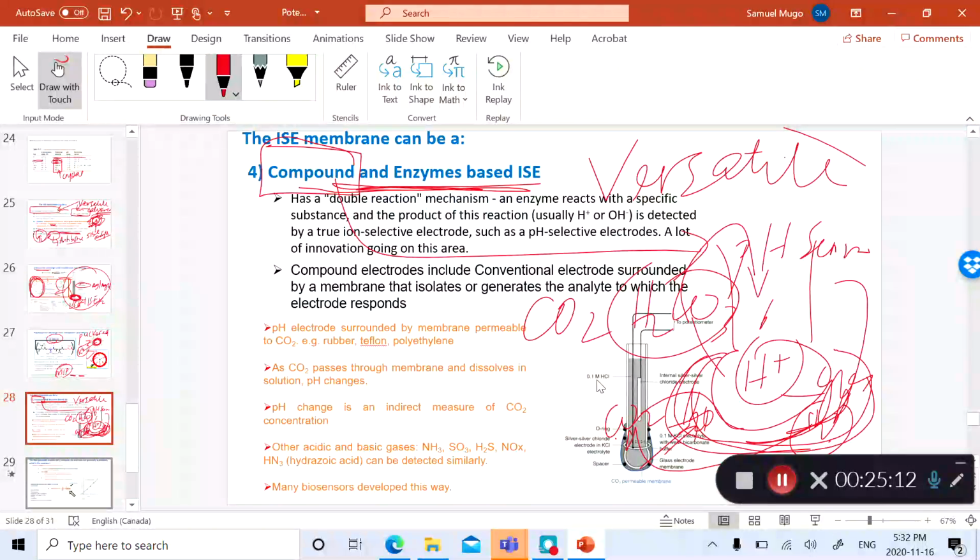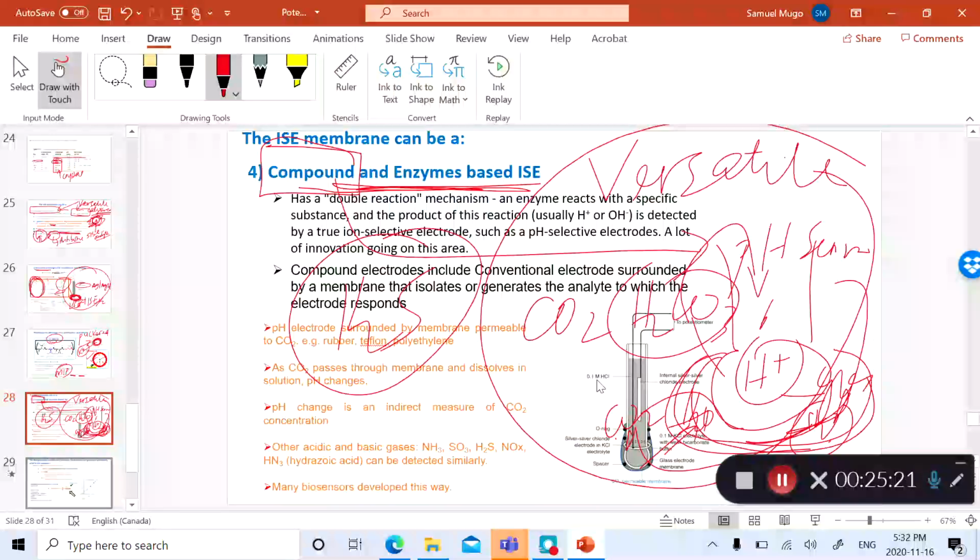And so you can use this kind of platform really to analyze any acid gases out there, even say hydrogen sulfide, even say nitrogen dioxide. You can use this kind of platform to make all those different types of sensors.